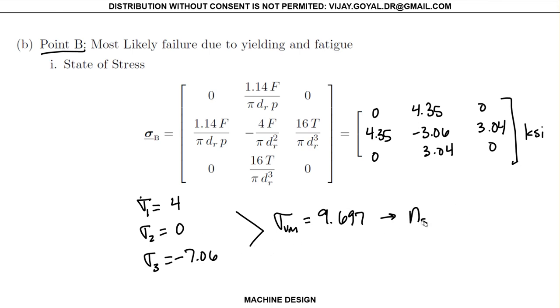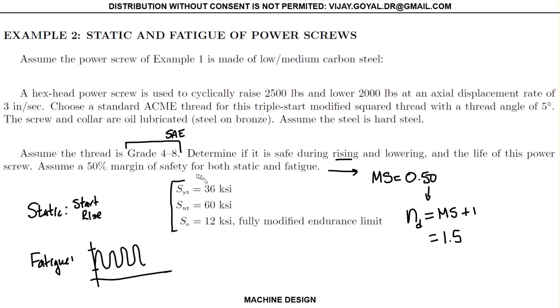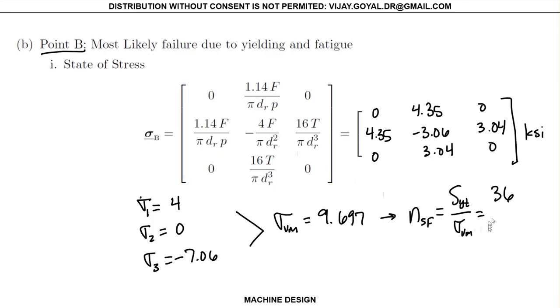So your factor of safety will be yield strength divided by sigma von Mises, and the yield strength, 36, is given in the problem. This is 36 divided by 9.97, and this gives you 3.71. So you can see it's bigger than 1, and it's not going to be a concern.